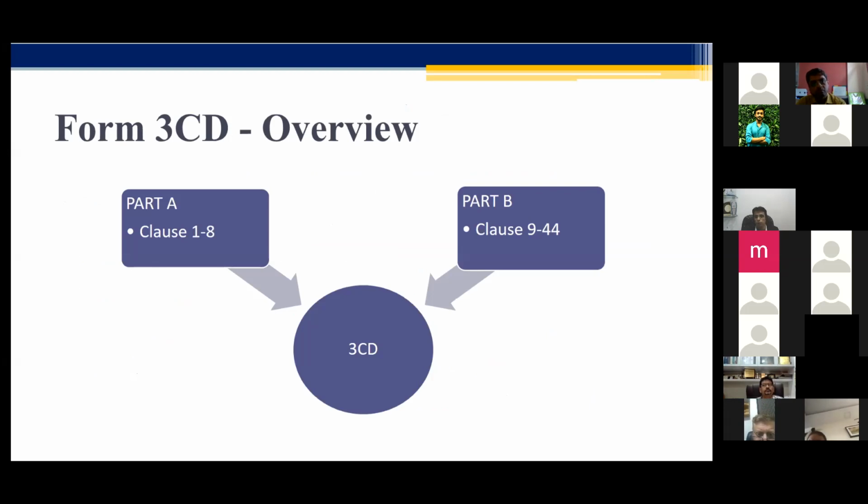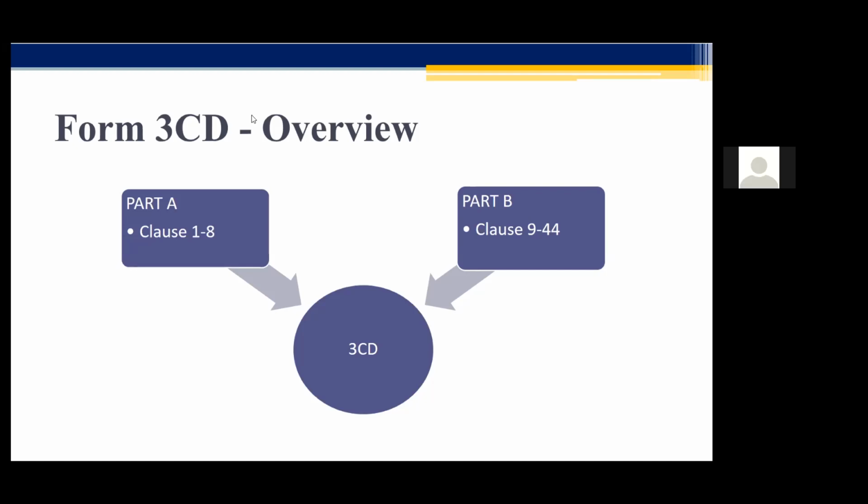3CD overview: it is divided into Part A and Part B. Part A has the clauses which give only the details of the assessee, name, address and everything. And Part B has the important clauses which report about the various parameters of income and expenditure.